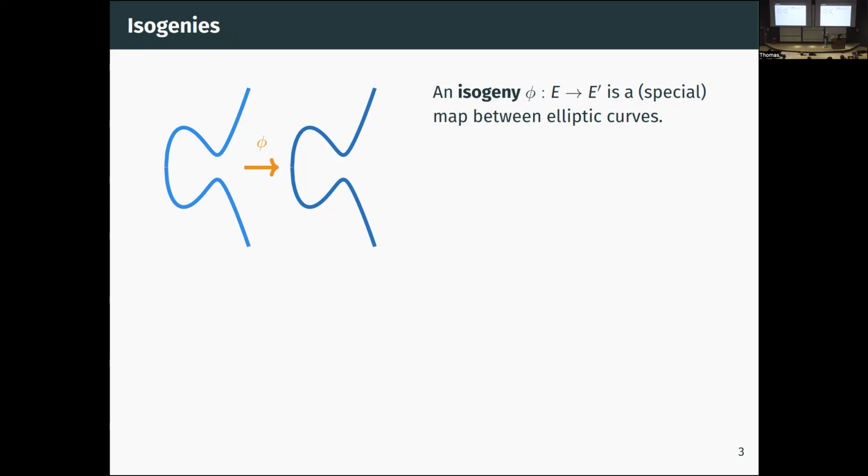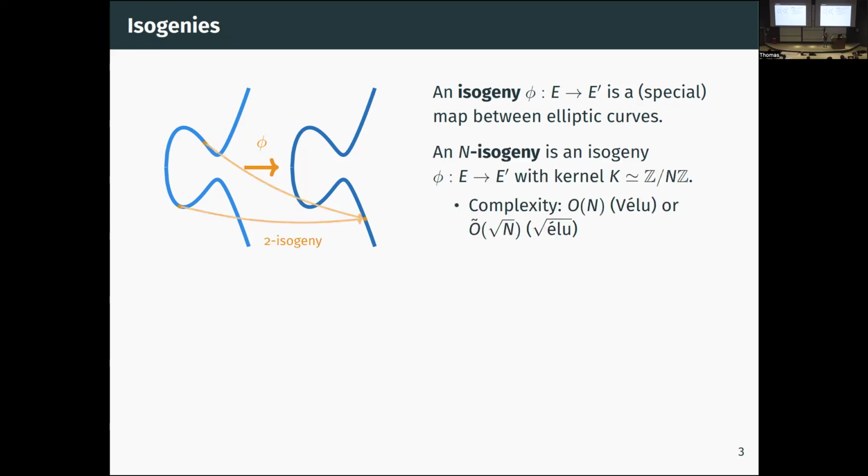So in particular, they are group homomorphisms. In the talk, I will often talk about N-isogenies or L-isogenies. What this means is, we have a group homomorphism, so it has a kernel. And indeed, isogenies always have a finite kernel. Now an N-isogeny is just an isogeny with a cyclic kernel of order N.